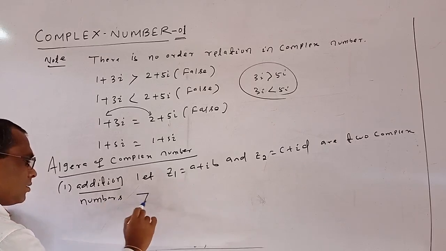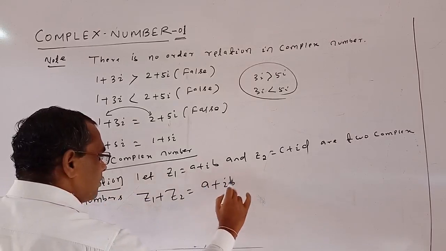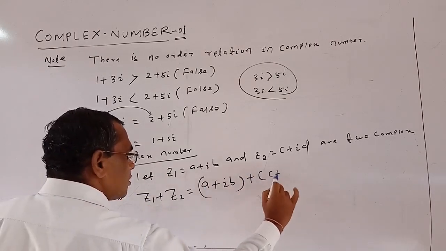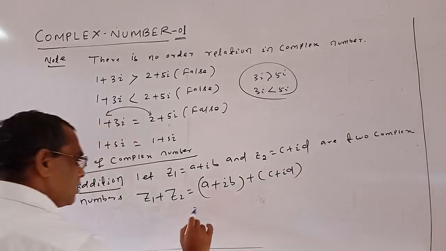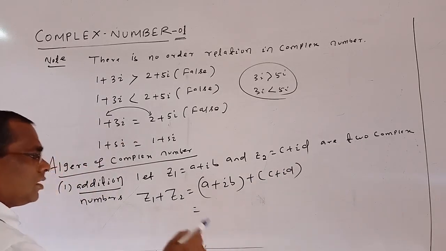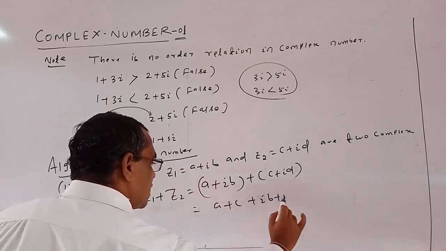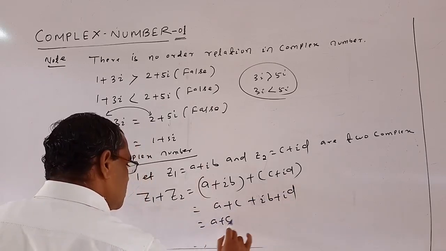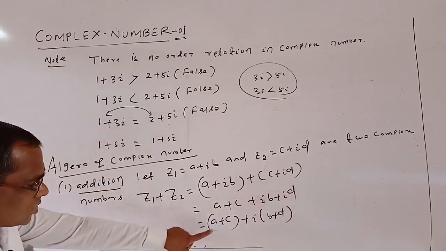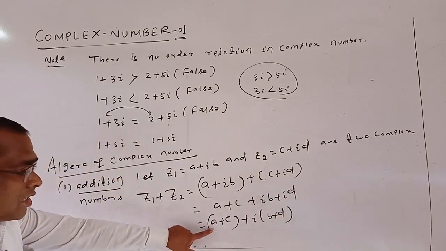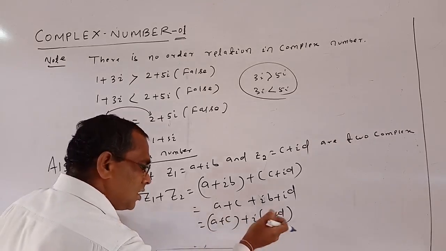Then z1 plus z2 equals a plus ib plus c plus id. You simply add real with real and imaginary with imaginary. This is a plus c plus i into b plus d. Sum of two real numbers is again a real number, so a plus c is a real number and b plus d is again a real number.